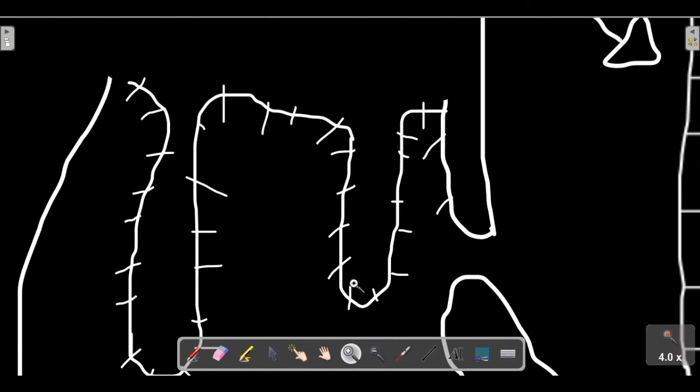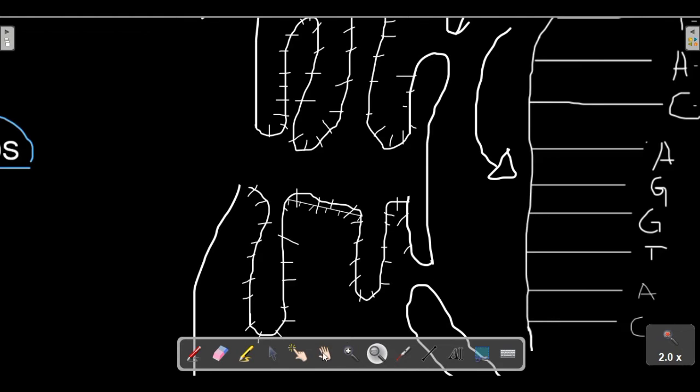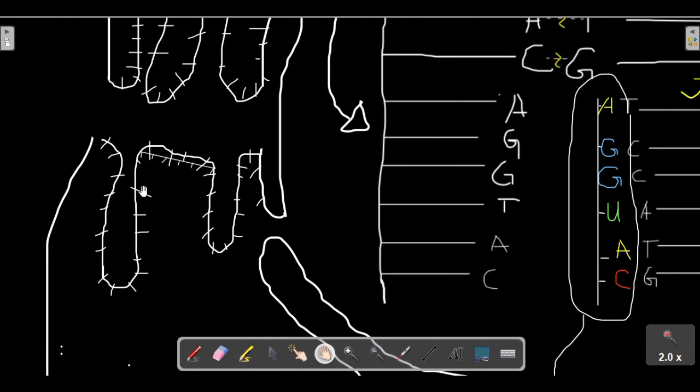Let me rather use a thicker line. So now we have AGGUAC.